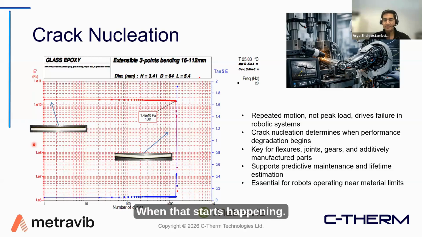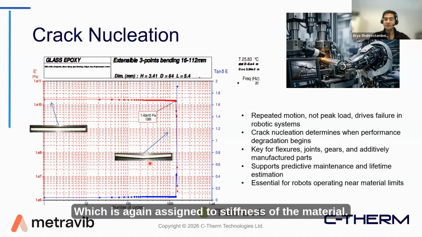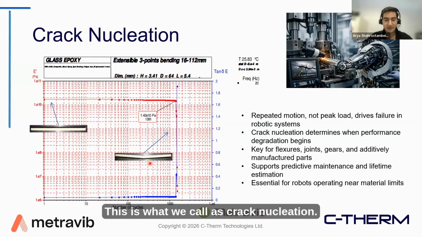When that happens, after a certain number of cycles, we see failures in the materials, and it is known as crack nucleation. As you can see in the second picture, the material starts showing a significant drop in storage modulus, which relates to the stiffness of the material. You can see the material is permanently deformed. This is what we call crack nucleation. Basically, this is when the crack initiates in your sample, and your sample can be permanently deformed.